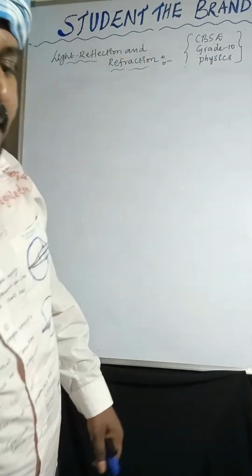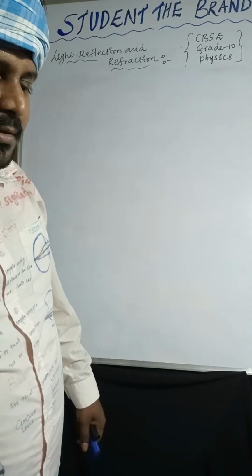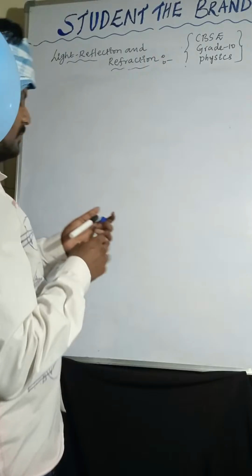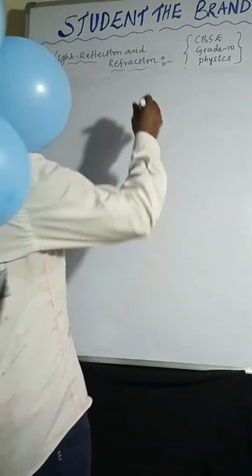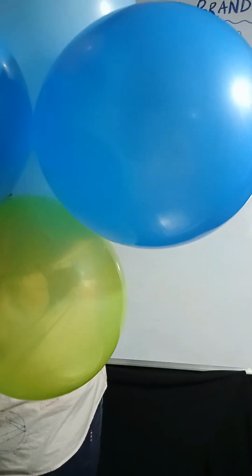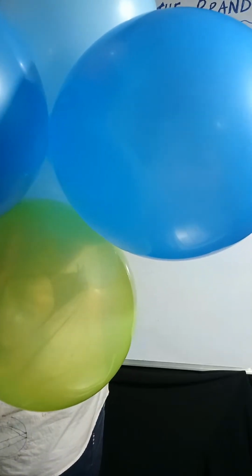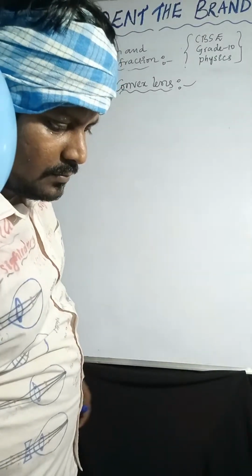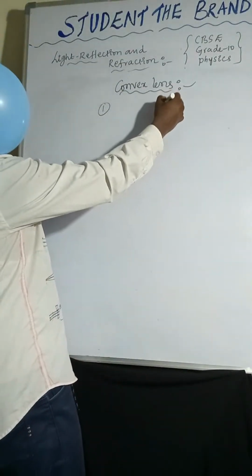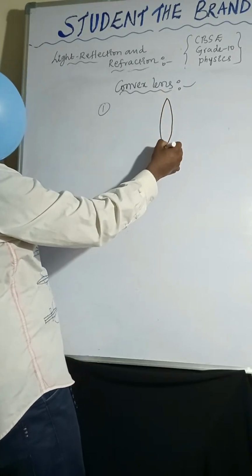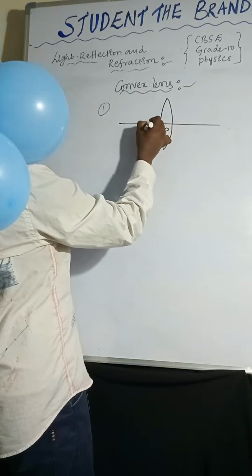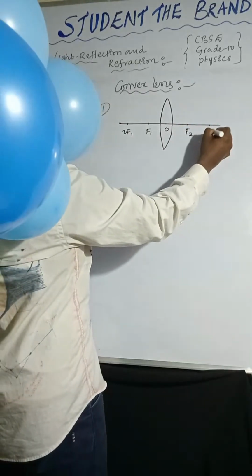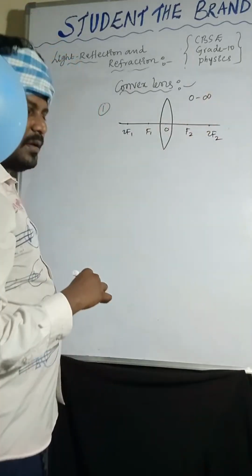So now we'll discuss convex lens image formation. First one: object is at infinity.